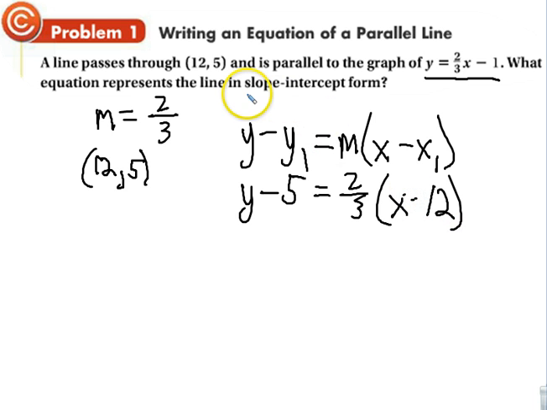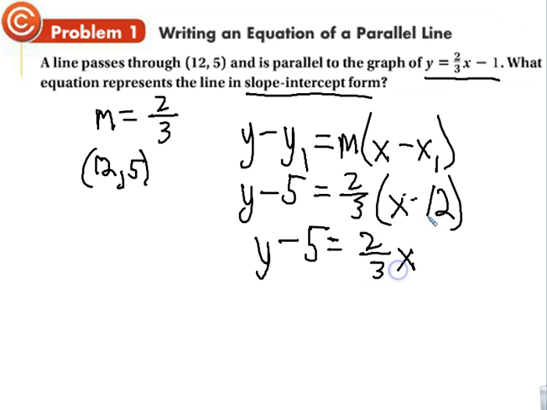Okay, now look what form it wants it in, slope-intercept. So I have to work through this. y minus 5 is equal to 2/3 x, and then 2/3 times 12. So that's 12 divided by 3 is 4, 4 times 2, so minus 8.